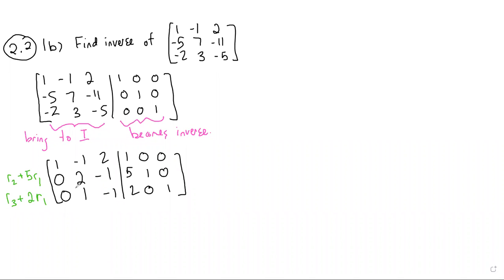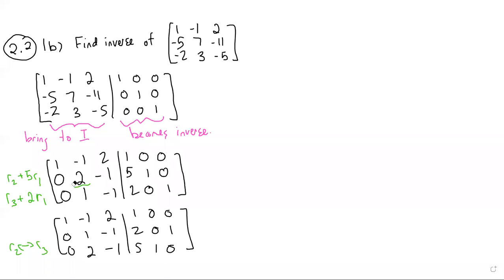I don't really like that 2 being my next pivot, so I'm going to swap rows 2 and 3. All right, next up, I am going to use the next pivot in line, which is now a 1, conveniently.